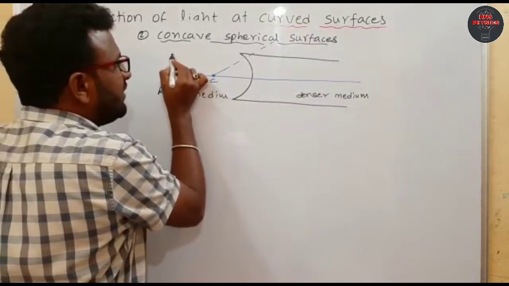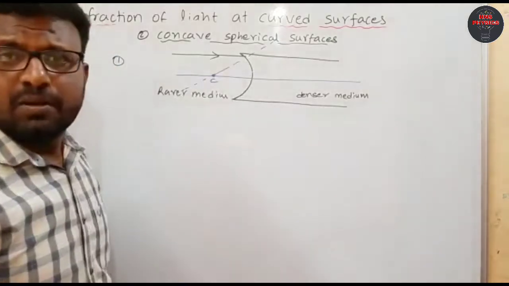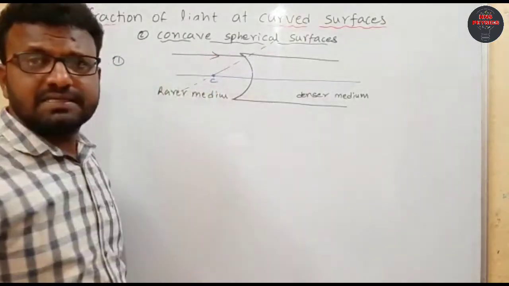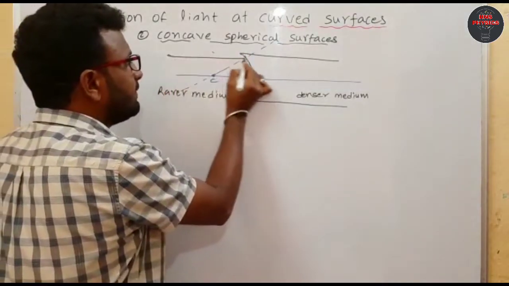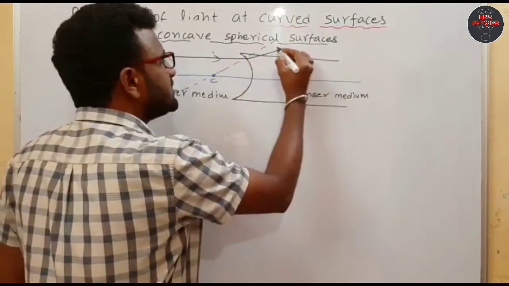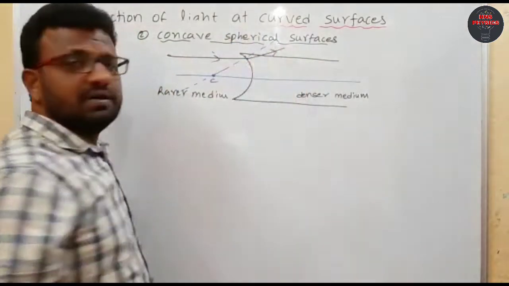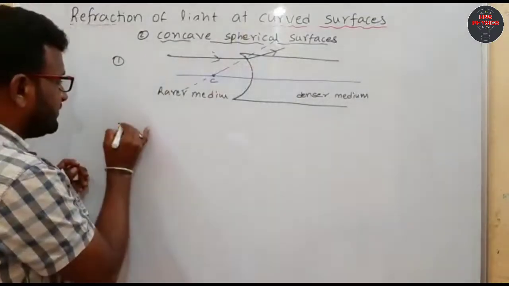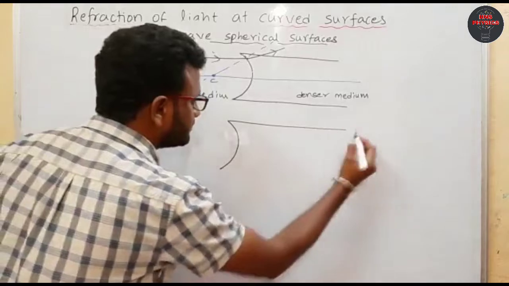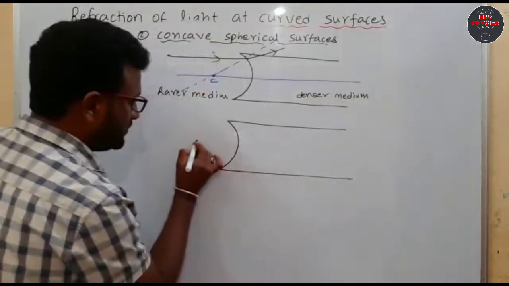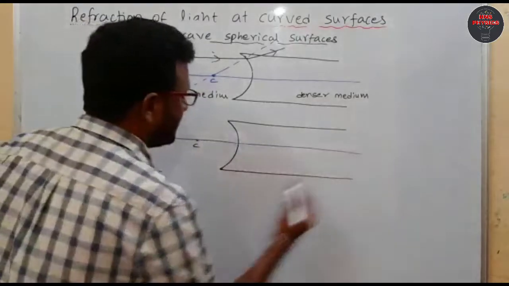Now if any ray of light is passing parallel to the principal axis, after the refraction the ray bends towards the normal. So come to the second one. Again I am going to take a concave spherical surface. So this is the center of the spherical surface and the principal axis.